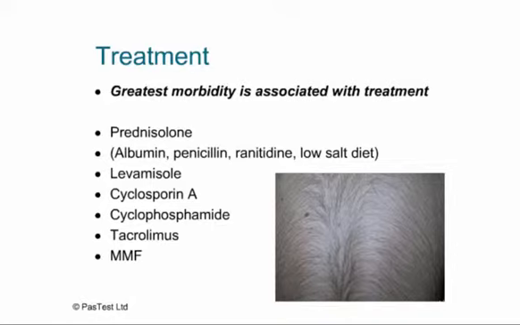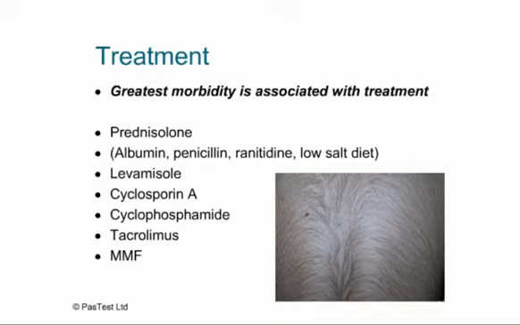When you have relapsed, albumin, penicillin, ranitidine, and a low-salt diet to reduce fluid intake are often employed. But generally, when you have frequently relapsing disease, we may need to move on to another agent if lower dose alternate-day steroids doesn't help. And levamisole is sometimes used, as is cyclosporin A, cyclophosphamide, tacrolimus, or mycophenolate mofetil.